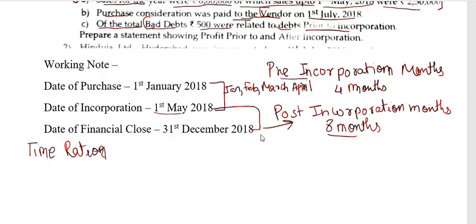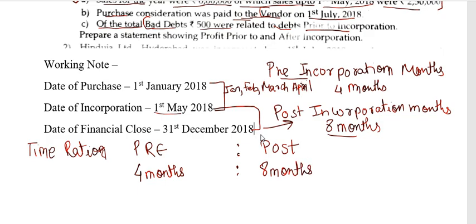So for time ratio, pre-incorporation and post-incorporation. In pre, how many months are there? 4 months. And in post-incorporation we have 8 months.